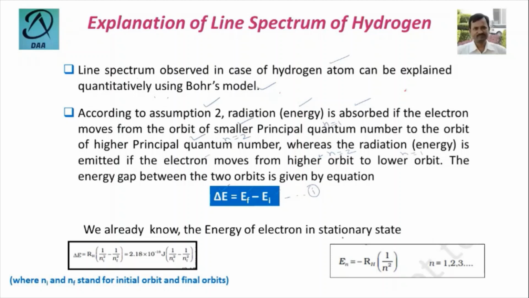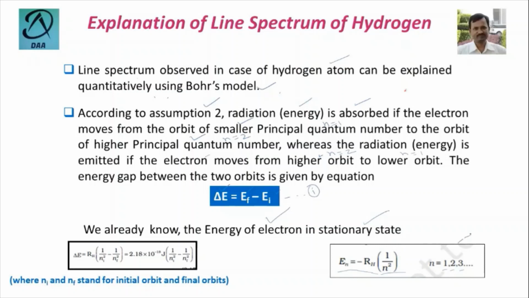From the previous class, we know the energy of the electron in a stationary state: En is equal to minus RH multiplied by 1 by n square, where n is equal to 1, 2, 3 and so on. We discussed this in the previous class.